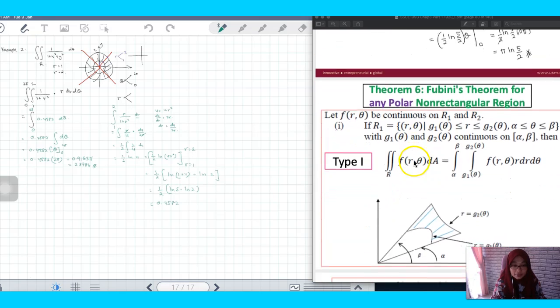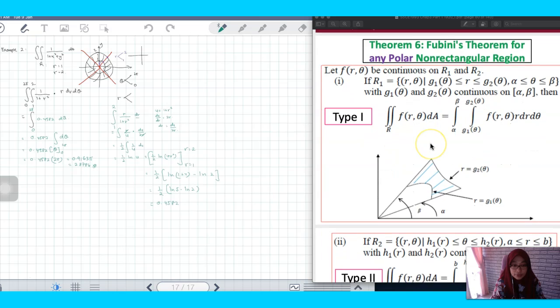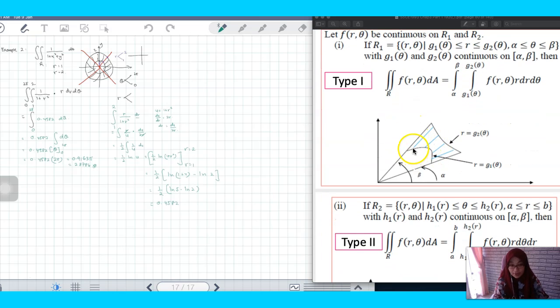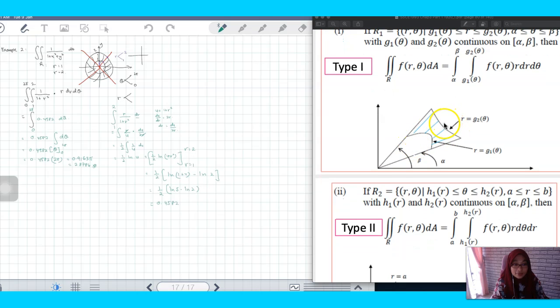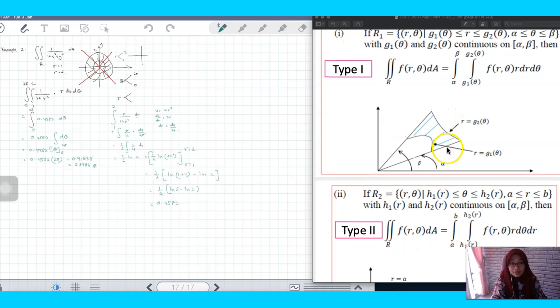But the next case that we want to look at is the polar non-rectangular region, where the region is bounded by the circle centered at the origin and by two lines for specific theta. So your r is a function, not a constant.